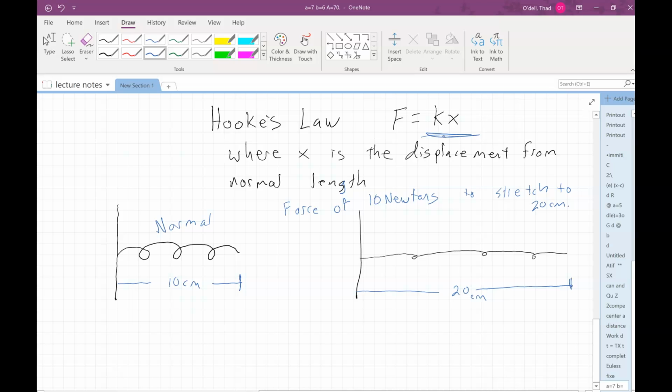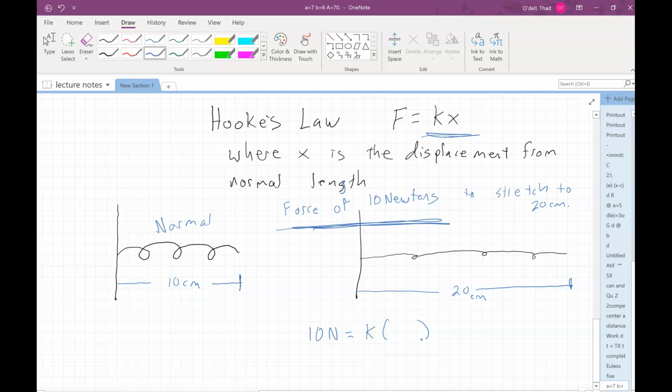Now, in these spring problems, we have to have a way to find the constant. Either they give us the K constant, or we have to be able to find it, and that's what this is doing. It says it takes a force of 10 newtons to stretch the spring out to 20 centimeters. Knowing the normal length is 10, this force of 10 newtons equals K times the displacement.